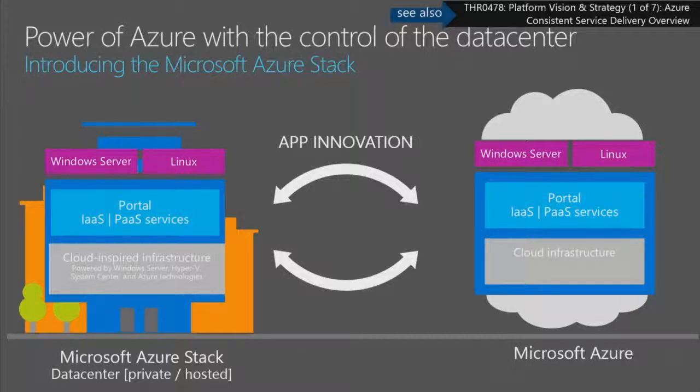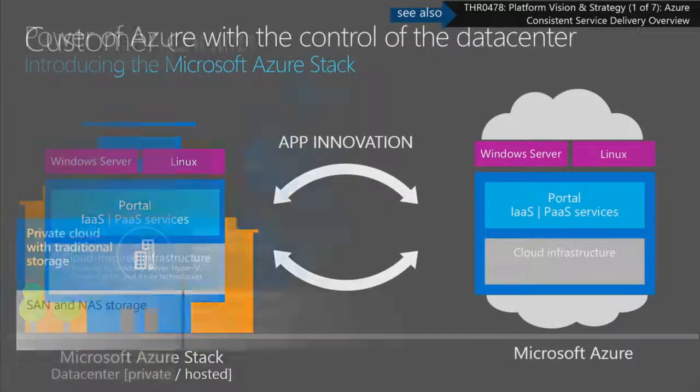You can have the same Azure-like resource management, portal, IaaS and PaaS services, and all the underlying technologies as well. And this all is built on what we call the cloud-inspired infrastructure, meaning it's based on Windows Server, System Center, and all the technologies that you're very familiar with that you've been using in Windows Server 2012 and 2012 R2. That's one part of the context.